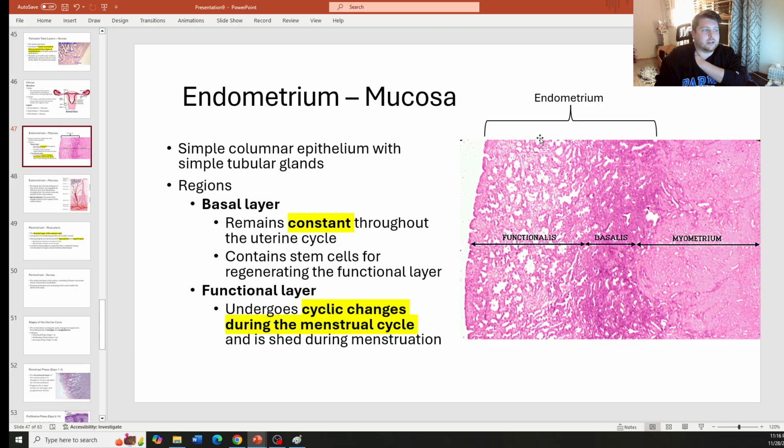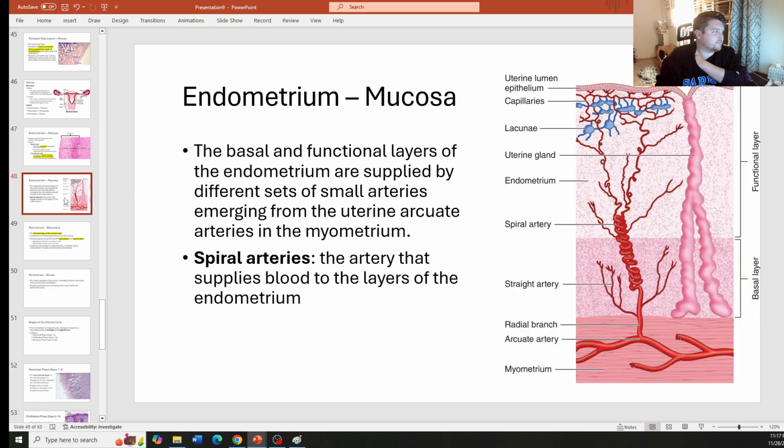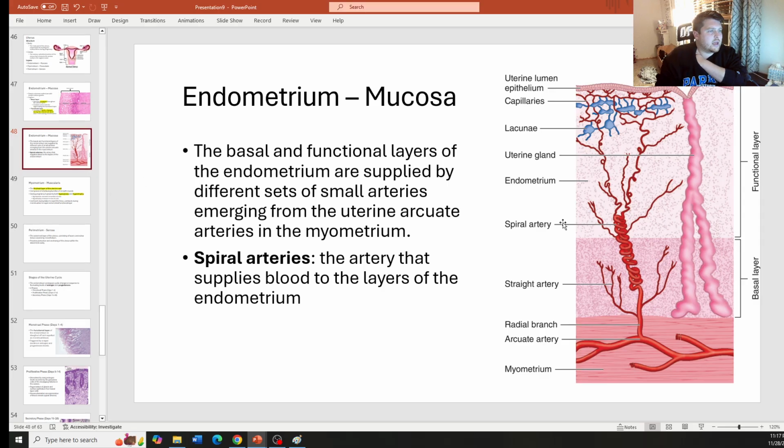The bloody layer, all of this is the tissue that's sloughing off, that's coming off. As well, these layers are fed by a lot of vessels, mainly these vessels called the spiral arteries, and we'll see these pop up again in a little bit.